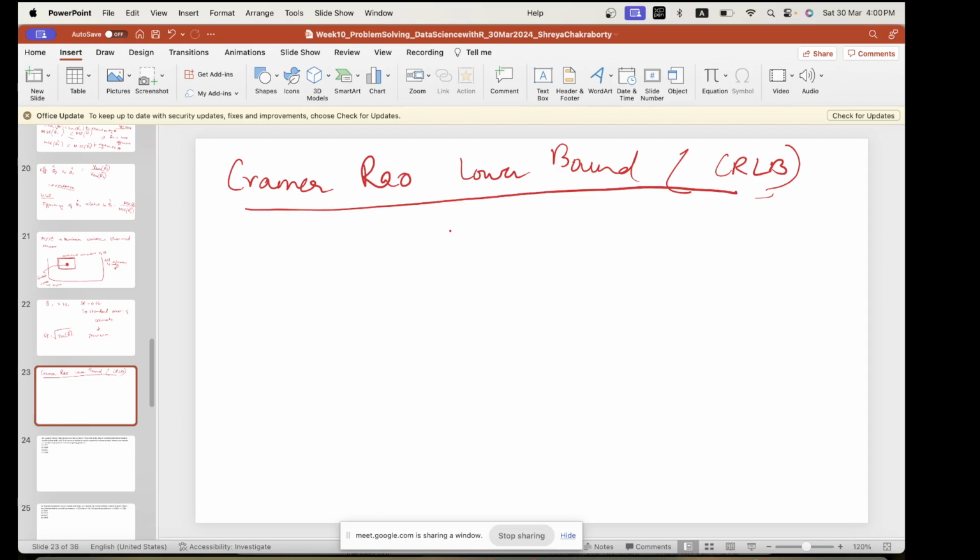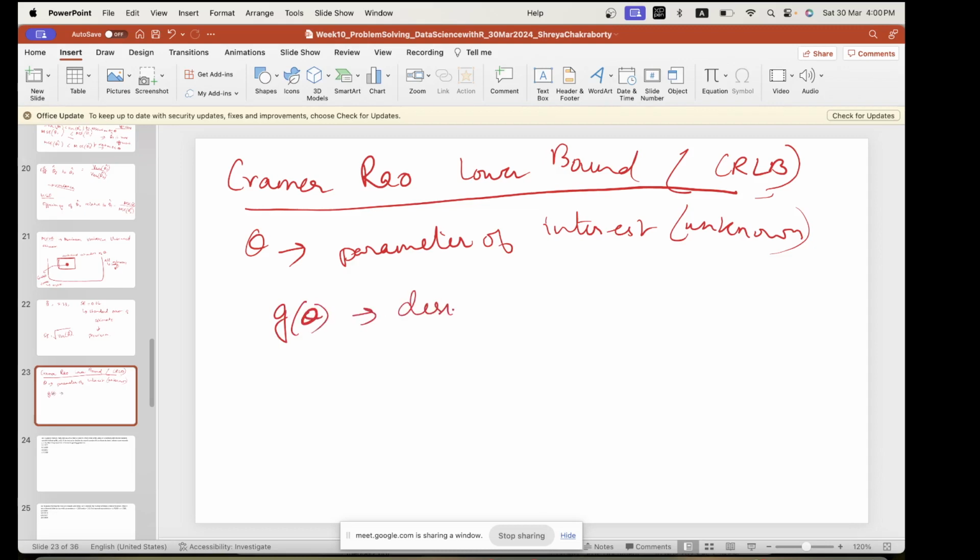It provides a lower bound for the variance of any unbiased estimator of some function of the parameter of interest. Let's say theta is my parameter of interest, which is unknown in the population. I am drawing samples to get to know more about theta, and I want to find out some desired function.